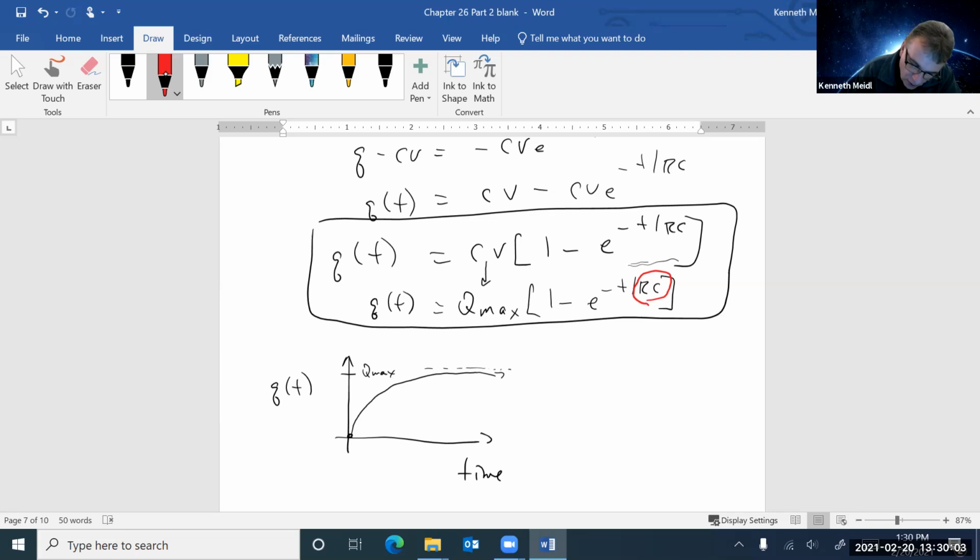R times C is referred to as the time constant. A lot of times people will call that tau, R times C. Then they get really good at looking at one time constant, two time constants, and when you start putting in 1 or 2 times those values, you start seeing exactly where you are in this curve. So you're going to see a little bit of that, probably in your reading here, for sure.